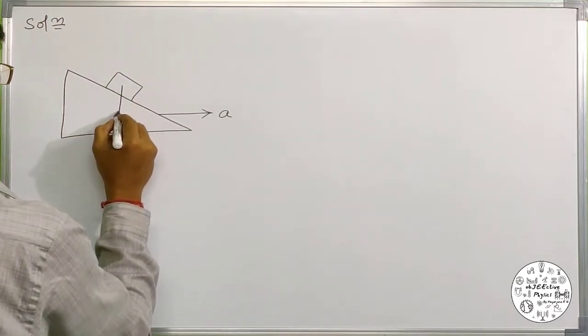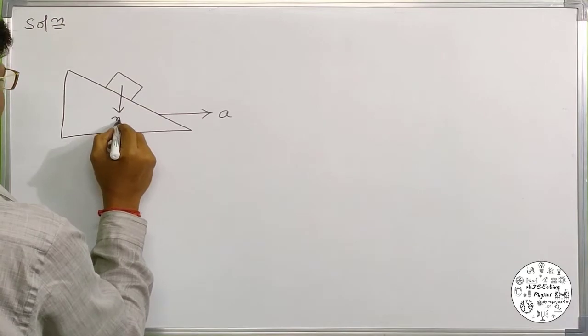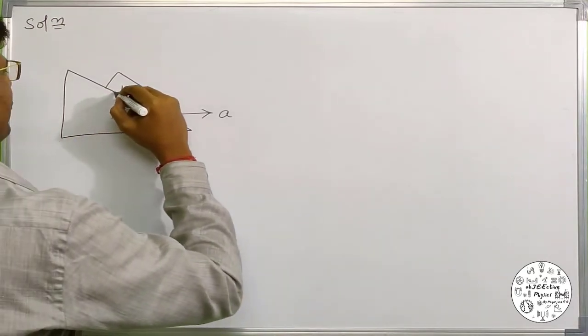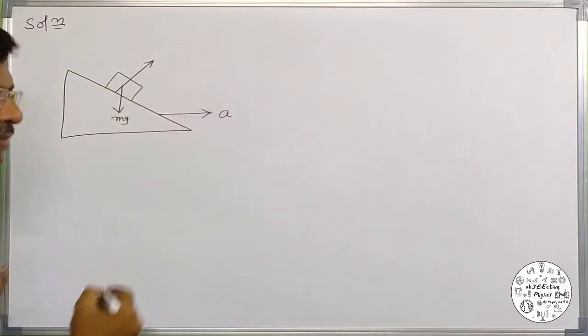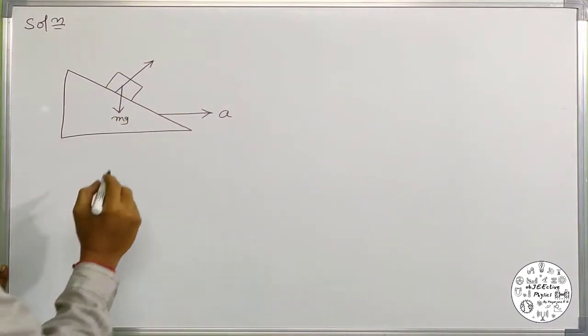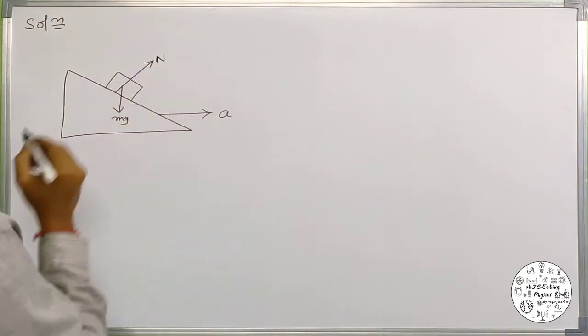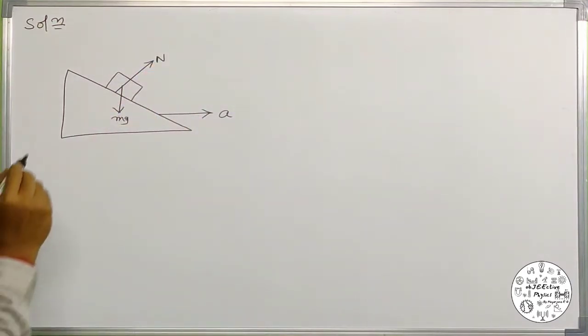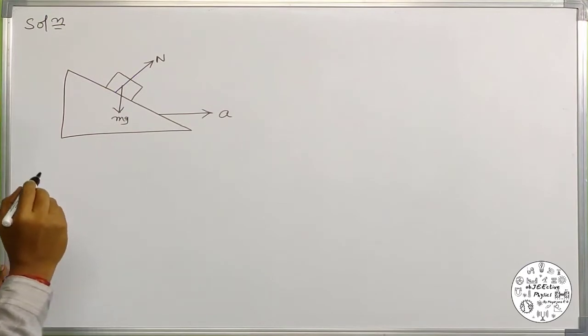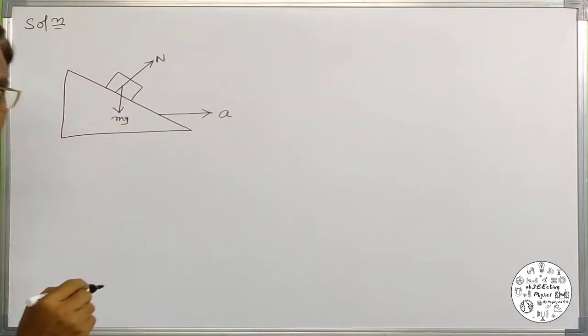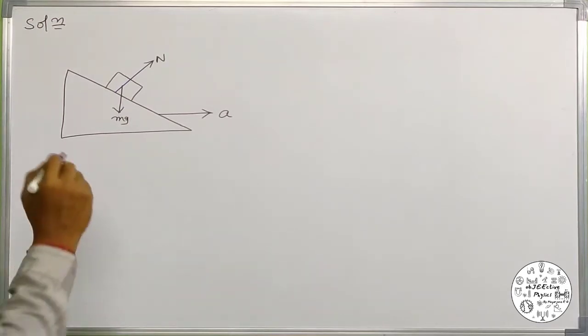Here, the weight of the body is acting vertically downwards. Normal reaction is acting normal to the inclined plane. Now, the normal reaction and the weight of the block, mg, are not acting along the same straight line, so the normal reaction can be resolved into components with respect to mg.